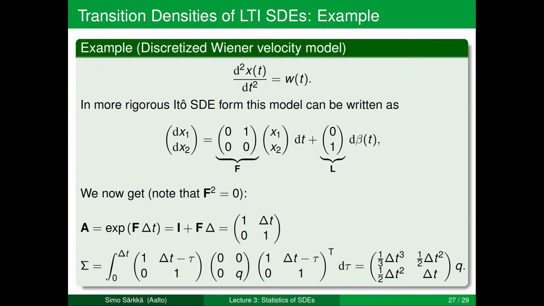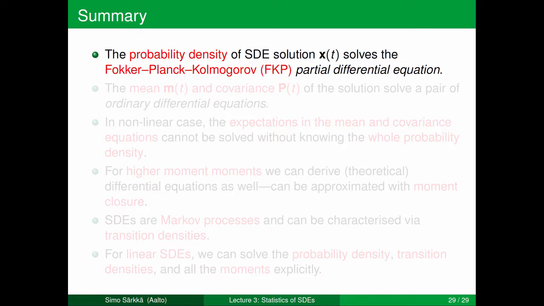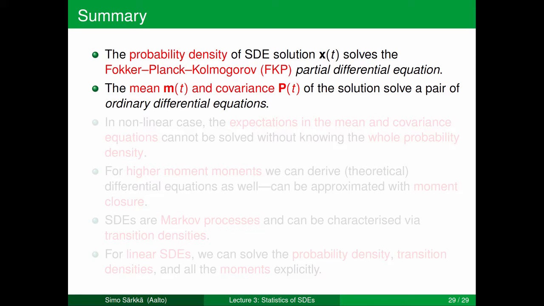So let's then summarize what we have learned during this lecture. The probability density of an SDE solution solves something called the Fokker-Planck-Kolmogorov partial differential equation. The mean and covariance of the solution in turn solve a pair of ordinary differential equations.